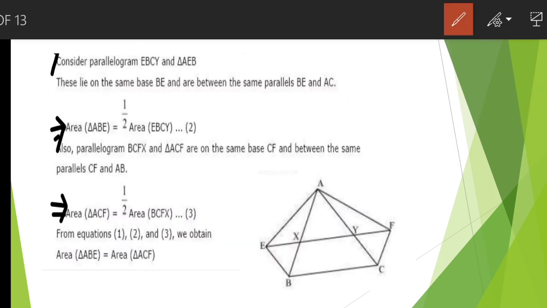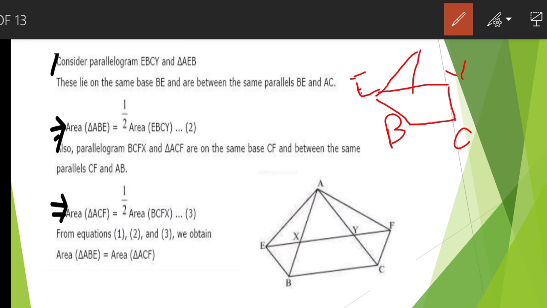Next we have the parallelogram EBCY, and AEB is a triangle.